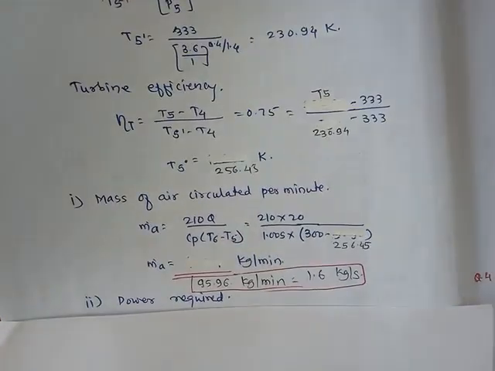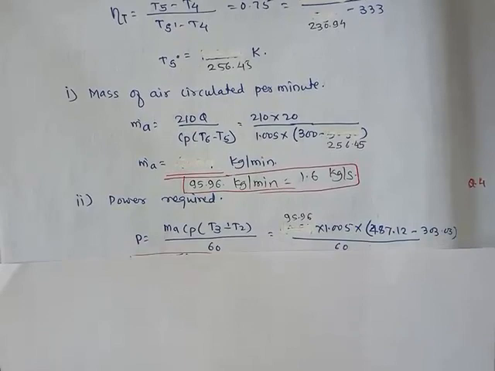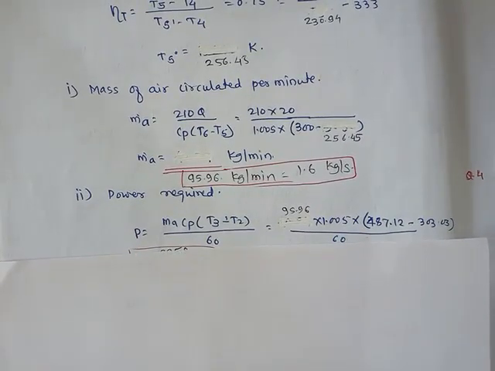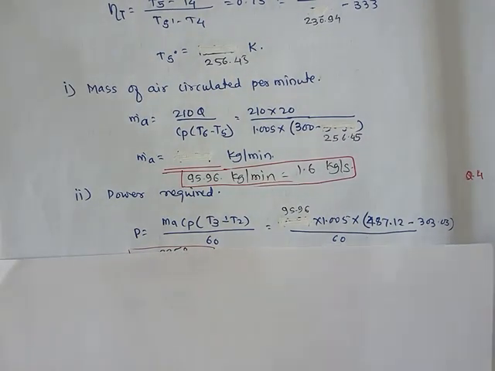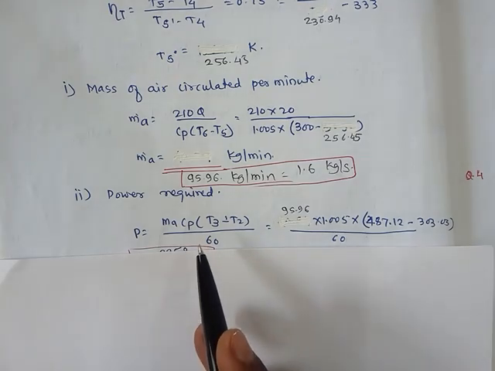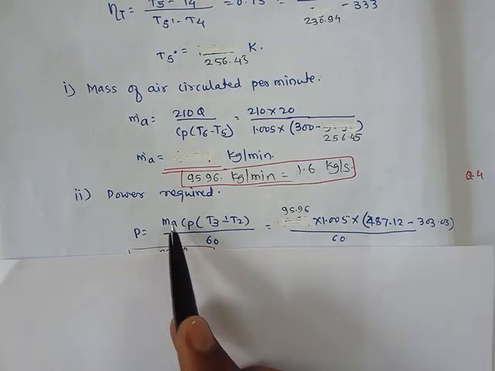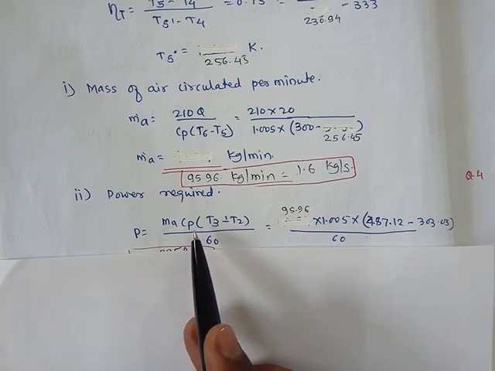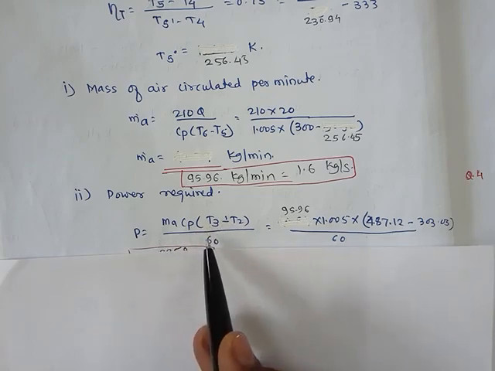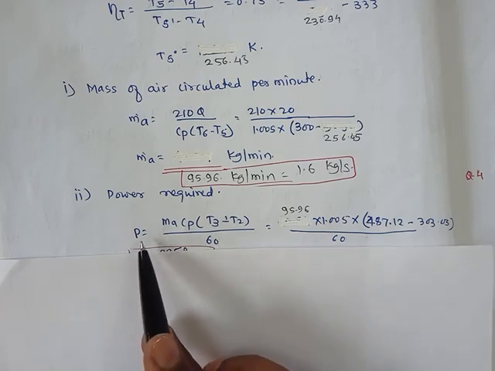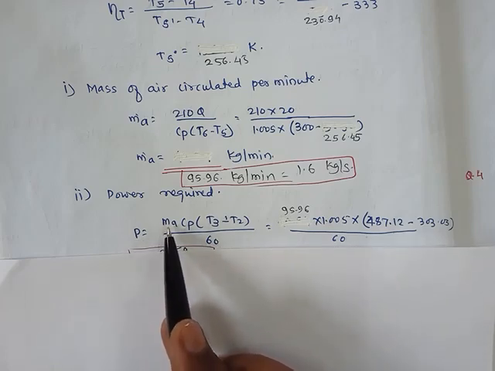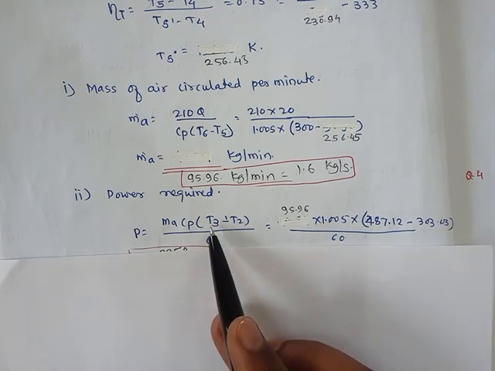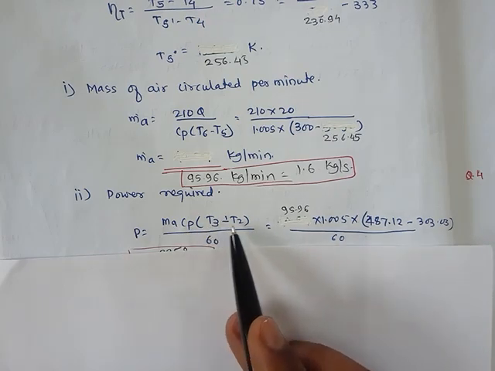Then lastly we find the power required during the main compression. We have calculated how much heat is required in the compression process. If you divide that by 60, we directly get the power. So P is equal to mass flow of air multiplied by Cp multiplied by T3 minus T2.